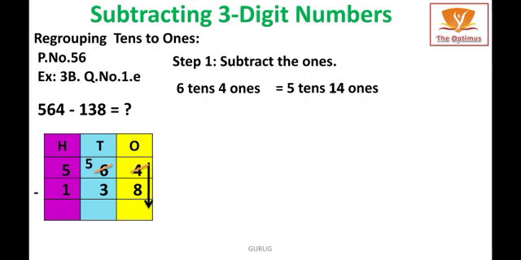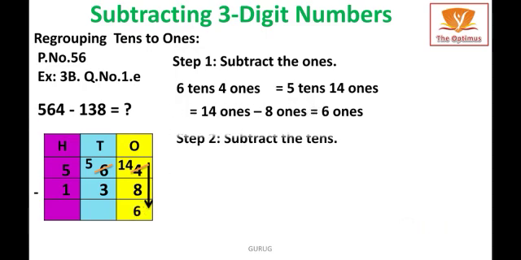This 10 ones I am going to combine with 4 ones, it becomes 14 ones. 6 tens 4 ones equals 5 tens 14 ones. Now we are able to subtract in the ones place. 14 minus 8 equals 6. That means 14 ones minus 8 ones equals 6 ones. In this 6 ones, 6 I am going to write in the ones place.